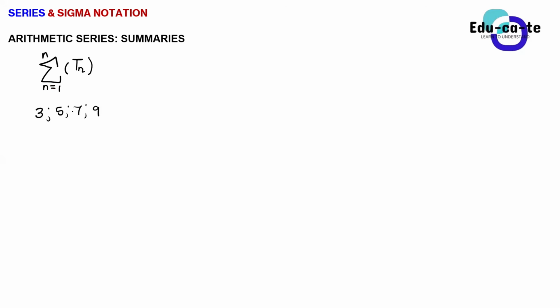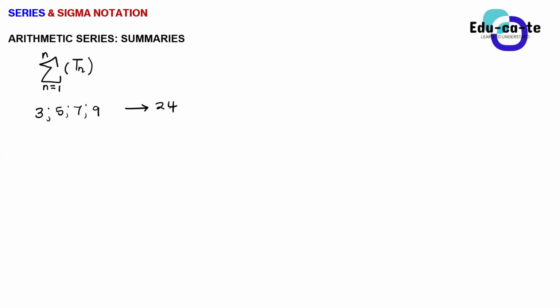You guys can manually add these numbers and say 3 plus 5 is 8, 8 plus 7 is 15, and 15 plus 9, you're going to get 24. Yes, definitely it's gonna be 24. Okay, so this is gonna be 24, right?